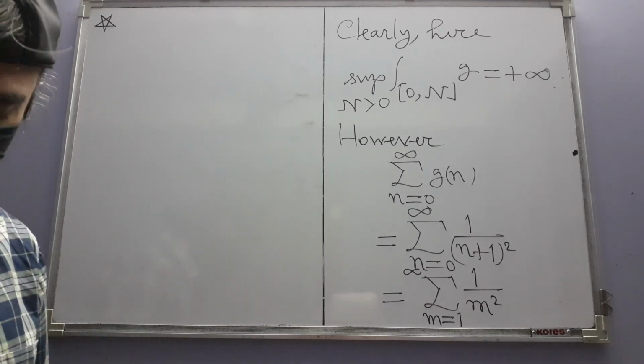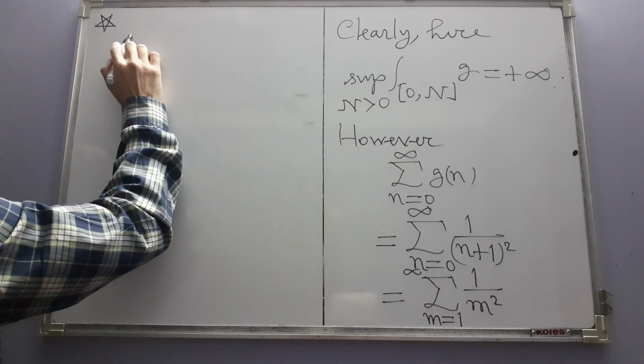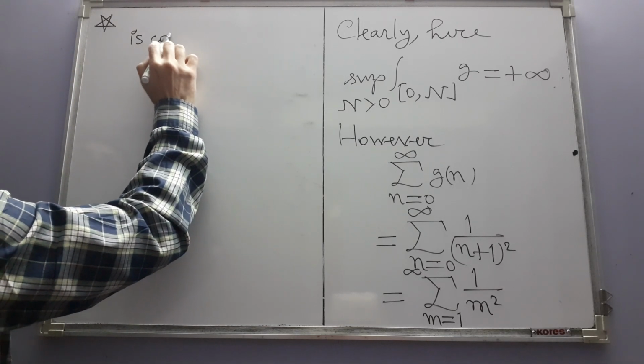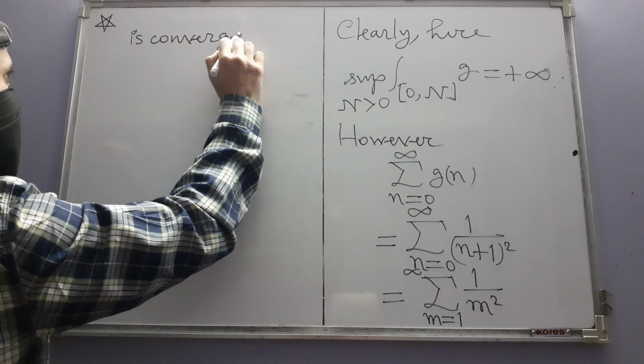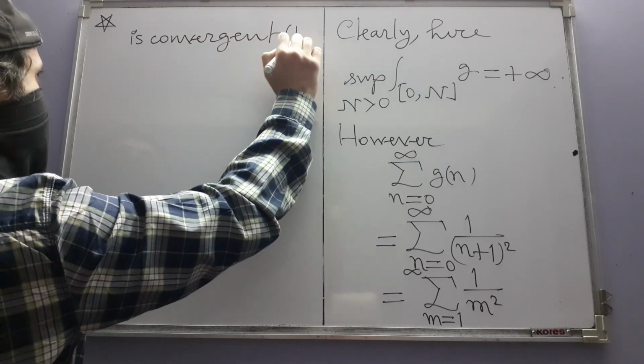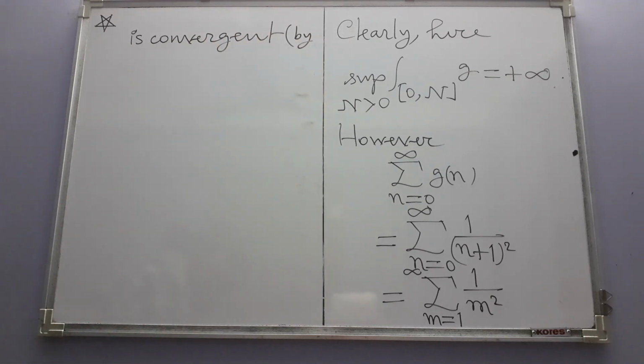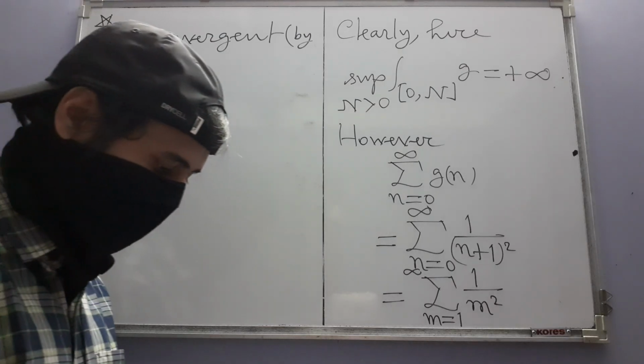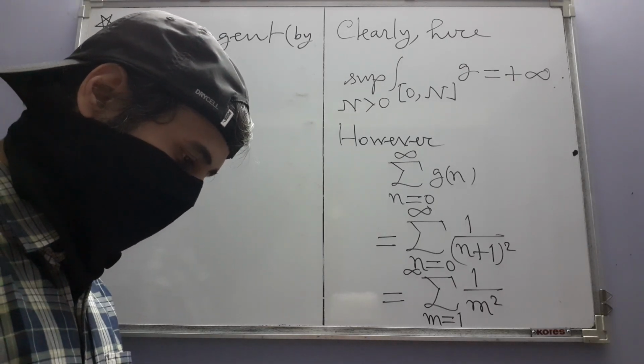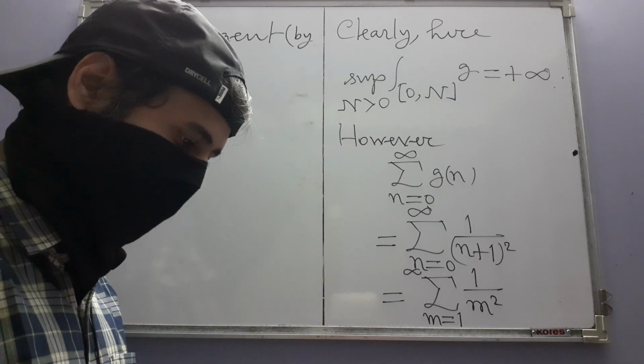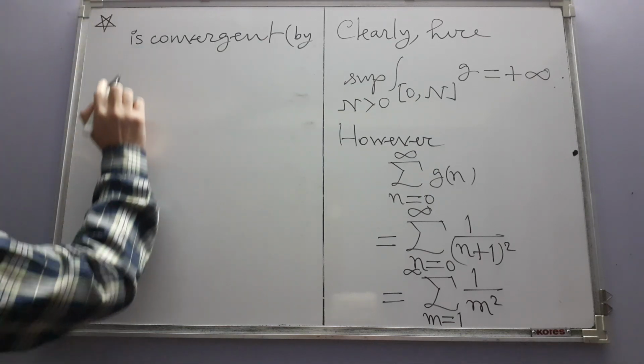But the series is convergent. Let's also refer to that result, and that result was corollary 7.3.7.